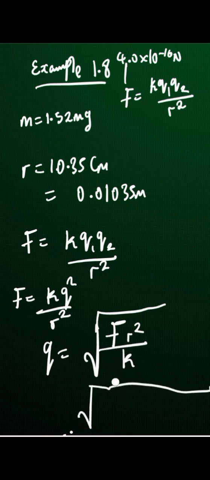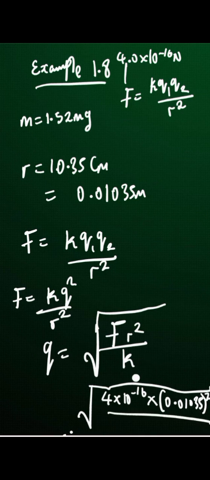What is our F? Our F is 4 times 10 raised to power minus 16. Our r is what? 0.1035 all square, right? And our k here, we already know that it is free space, it's 9 times 10 raised to power 9.